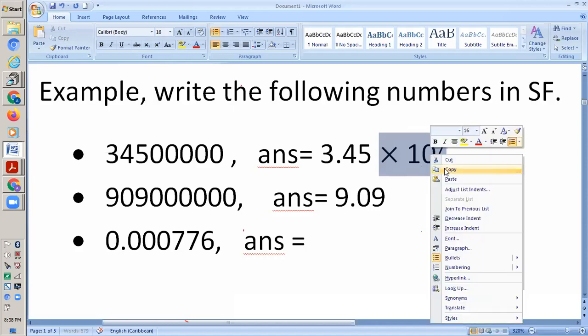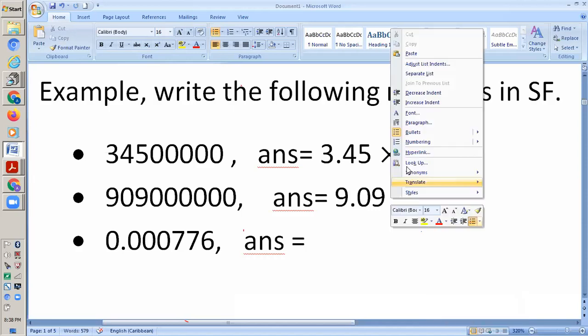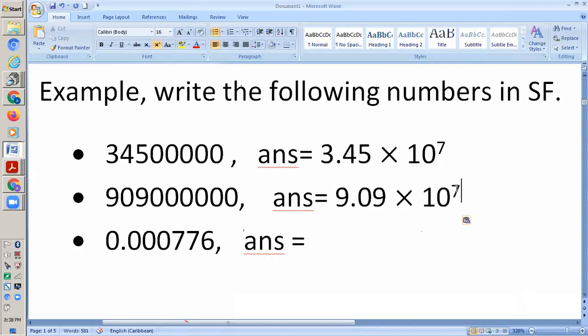That's what I have. That's what I have also. All right. I get 7, or you get the 8. How many zeros do you have here? 6 zeros. All right.